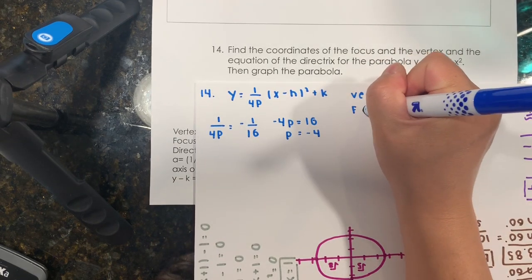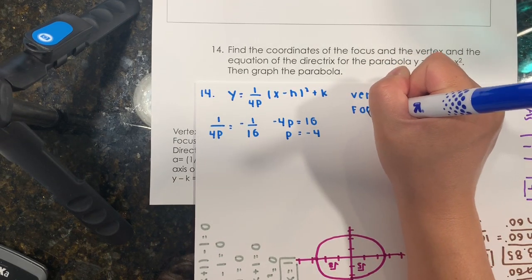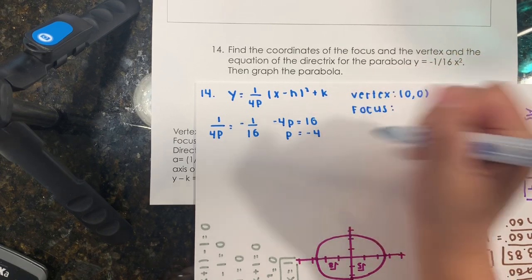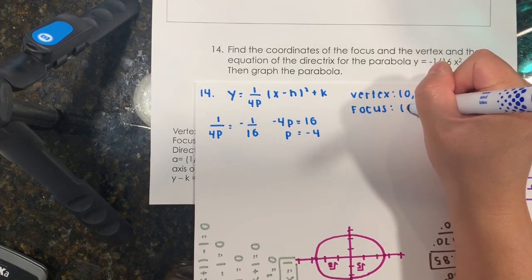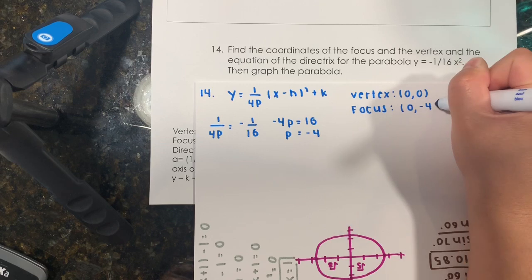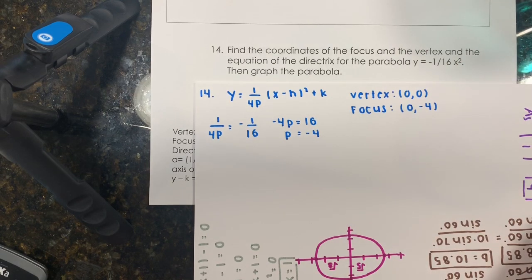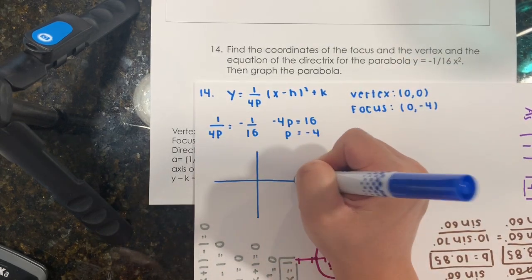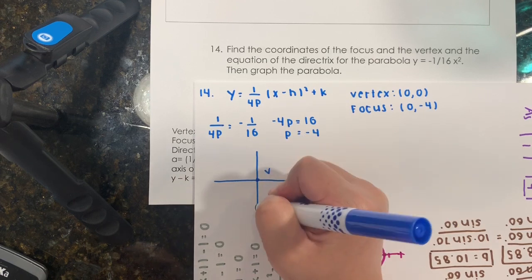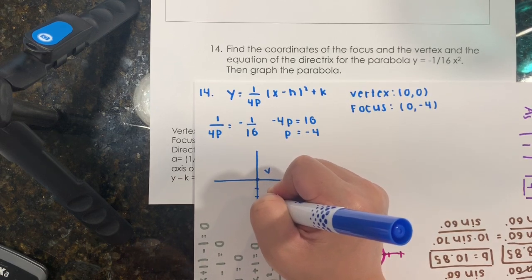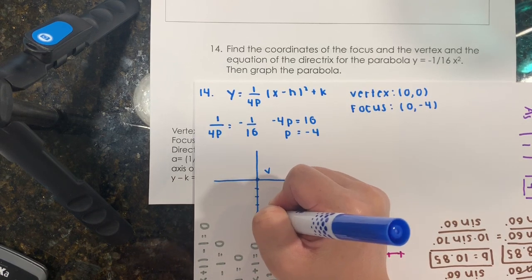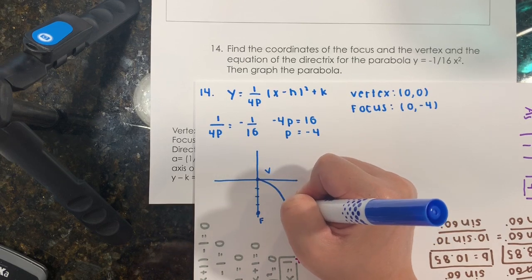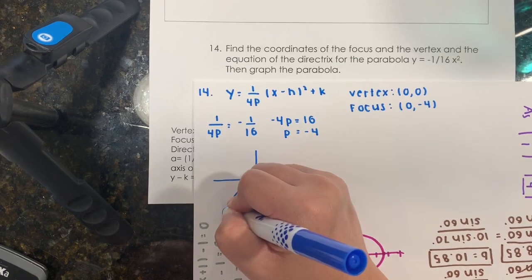So from the vertex, the focus is going to go down 4. That means the coordinate will be 0, negative 4. Now, if I draw this out, 0, 0 is my vertex. My focus is down 1, 2, 3, 4. It's my focus, which means my parabola is going to be about here.